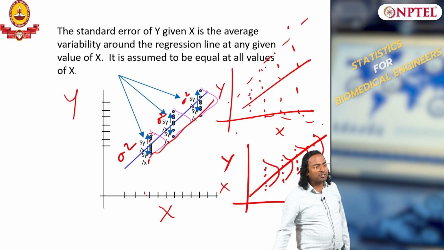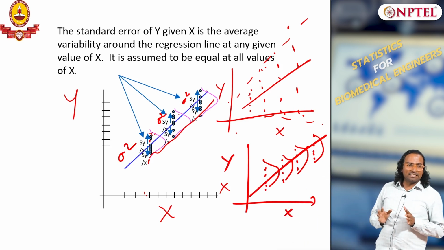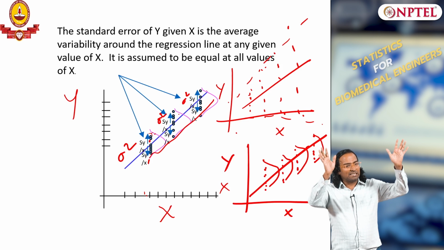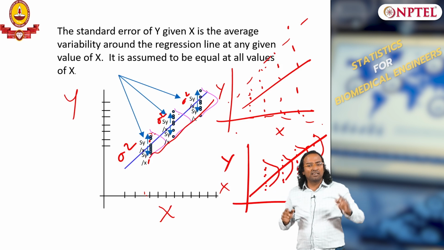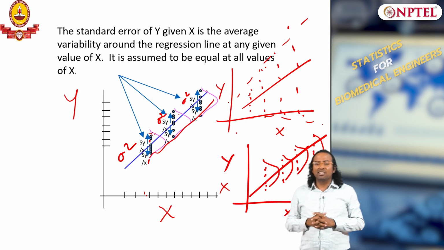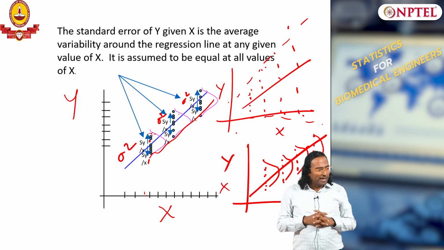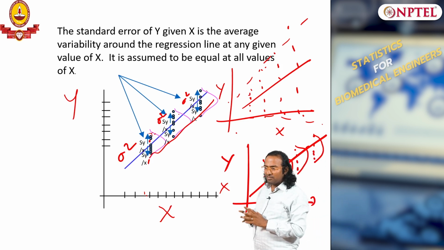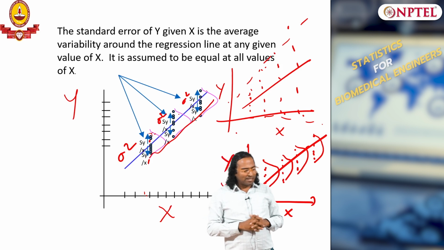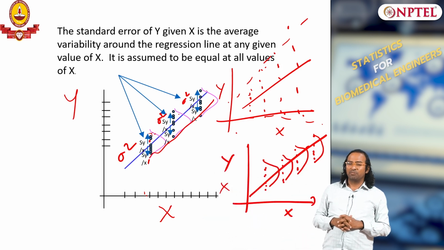The variance is fixed to be sigma squared. If for whatever reason the variance is increasing, which will happen in your stock markets, in many of the data, even in your biomedical data, if the variance starts increasing, then linear least squares is not a good method. Okay. Only under these assumptions we will show that linear regression is the best method, but if any of the assumptions are violated, then linear least squares is a suboptimal method.